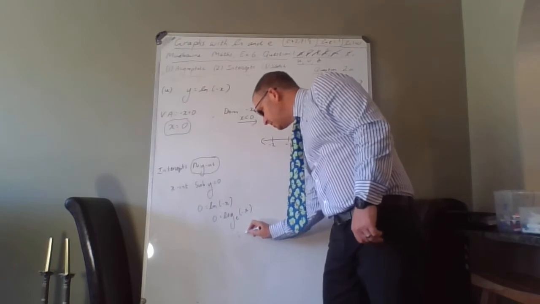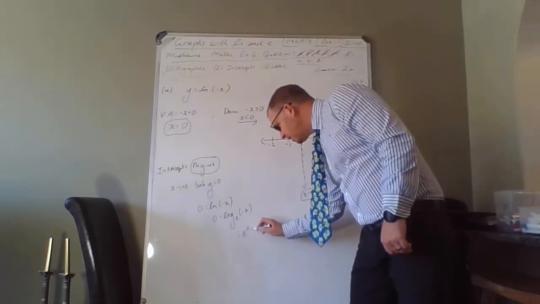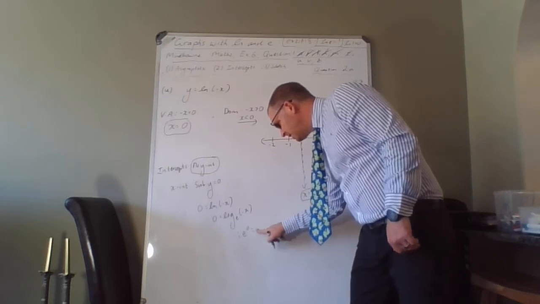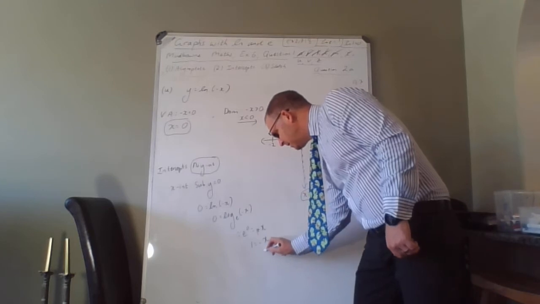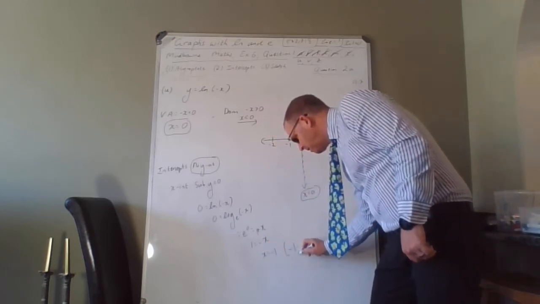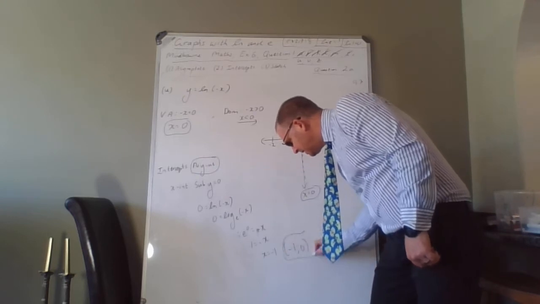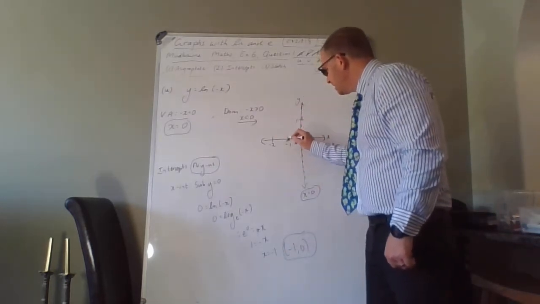And then if I change to exponential form, it will become e to the 0 is equal to negative x. So 1 is equal to negative x. So x is equal to negative 1. So this graph must go through the point negative 1, 0. It's going to go through that point over there.